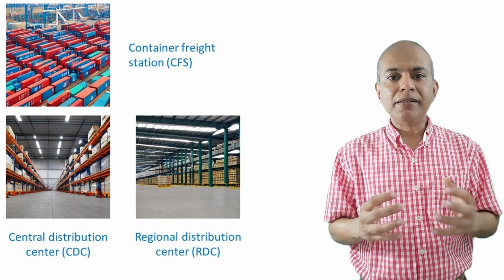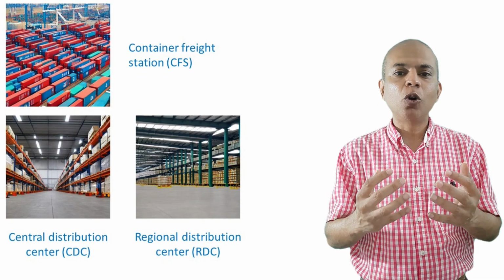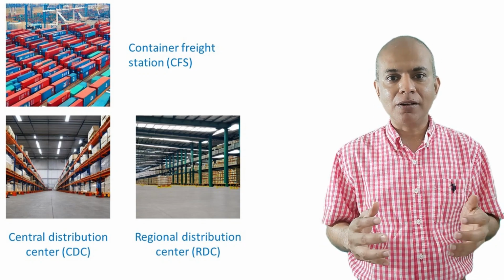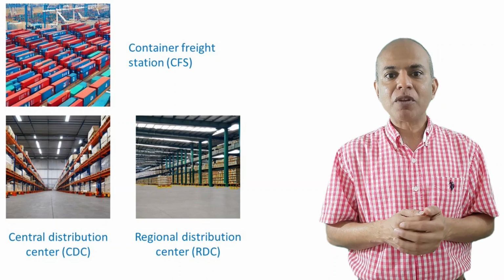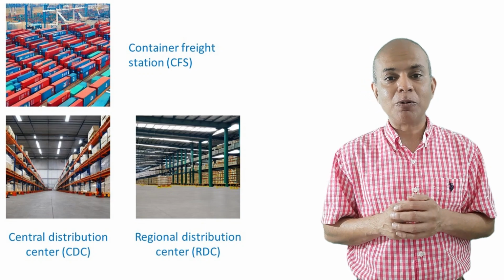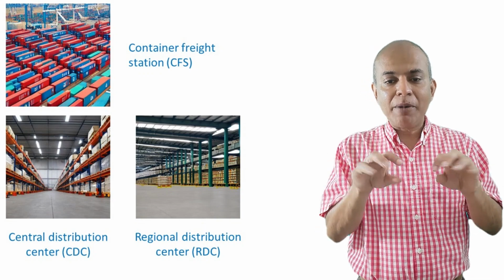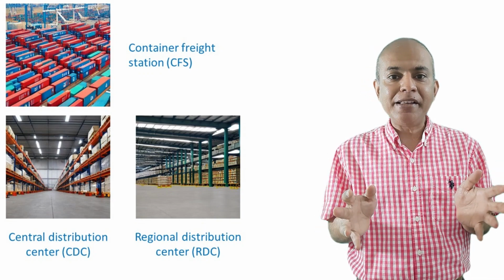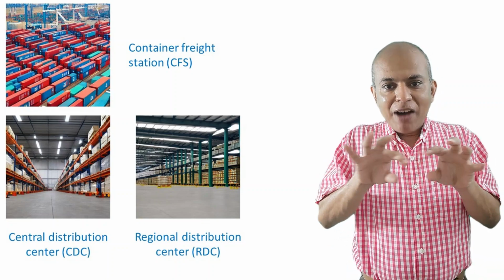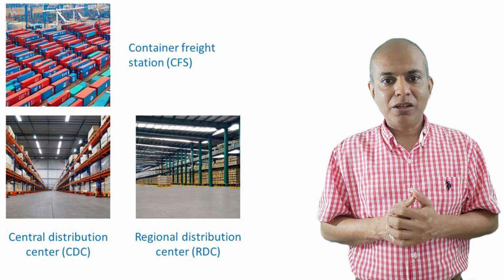Or in some cases, let's say they receive a truckload of one SKU. So they receive 30 pallets or 20 pallets of one SKU. Well, in that case, what a central distribution center would do is divide those 20 pallets into the different 20 regions where it's sending those goods. So they divide those pallet level loads generally.